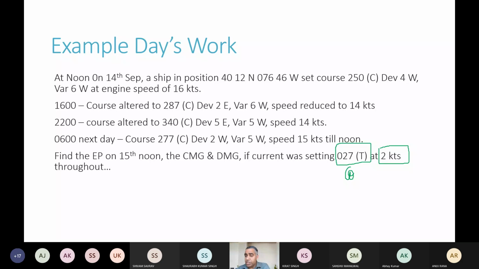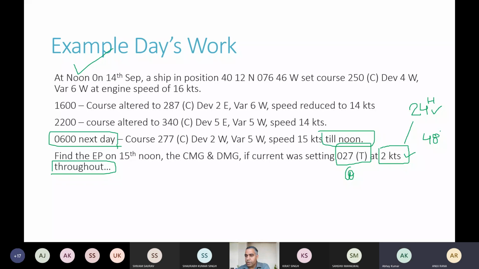ये तो है रेट, हमें चाहिए ड्रिफ्ट। तो अब ये 2 knots कितनी देर के लिए लग रहा है? इन्होंने यहाँ पे लिखा है throughout. Throughout का मतलब है noon से लेकर next day noon तक। So noon to noon ये टोटल टाइम हो गया 24 hours. यहाँ पे कोई advancing और retarding of the clock नहीं थी, तो ये 24 hours है। अगर कोई advancing retarding होती तो ये टाइम 24 से ज्यादा या कम भी हो सकता था। तो since the time is 24 hours, speed is 2 knots, तो हमारी टोटल ड्रिफ्ट कितनी बन गई बेटा? 48। ठीक है सर, समझ गया। 48.